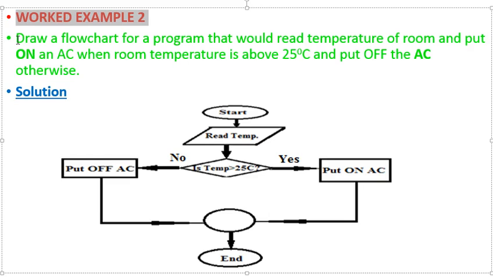When it reads the temperature of the room, it will switch on the AC when it finds that the temperature is above 25 degrees Celsius, and it will switch off the AC otherwise. That is, whenever it detects that the temperature taken is not above 25 degrees Celsius, it will switch off the AC. Okay, so look at the requirement for this program.